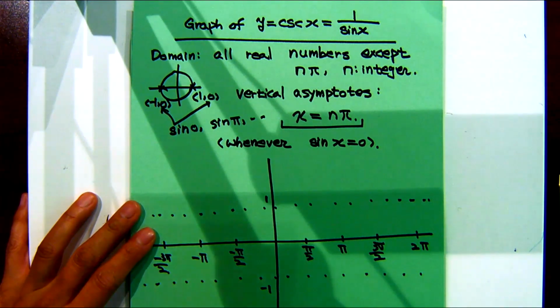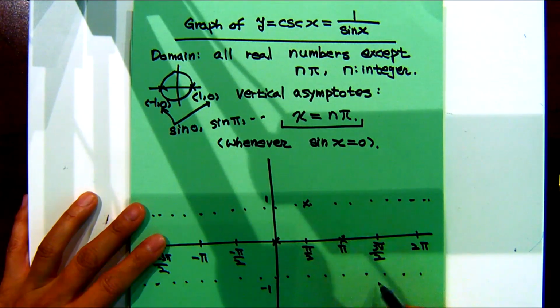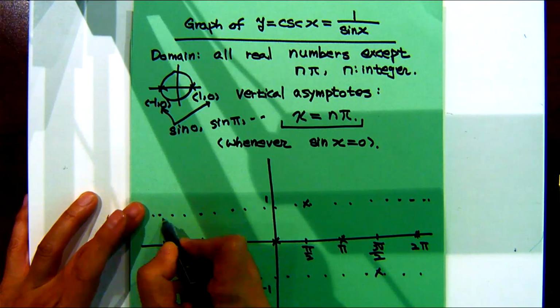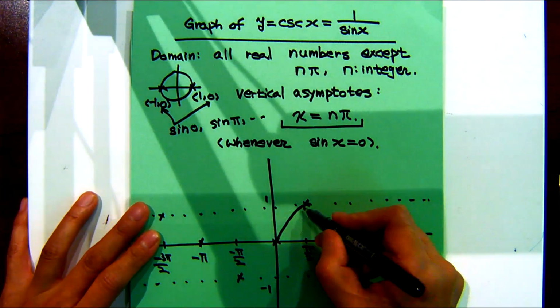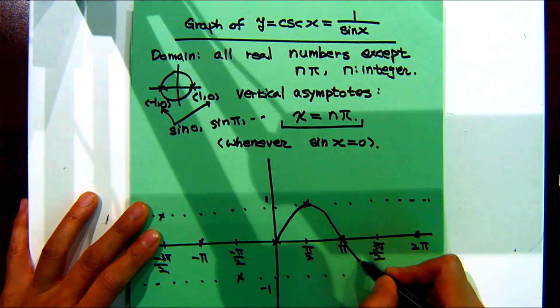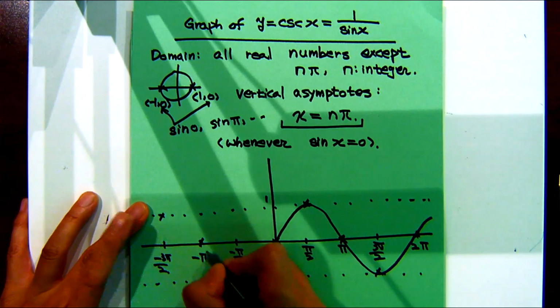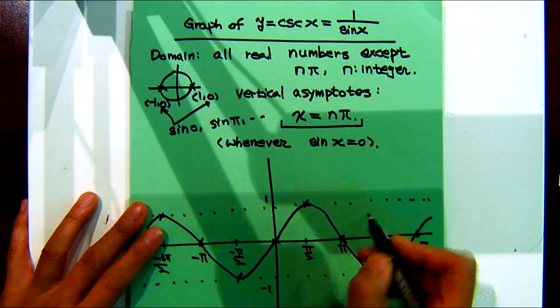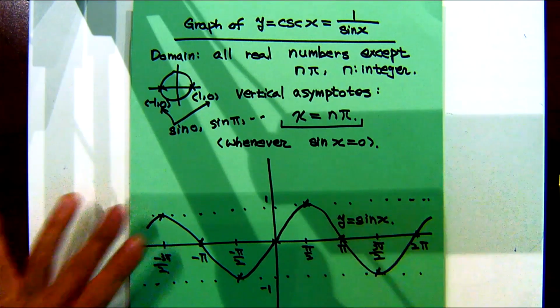So the sine function starts at 0 and goes up and down like this. This is y equals sine of x.